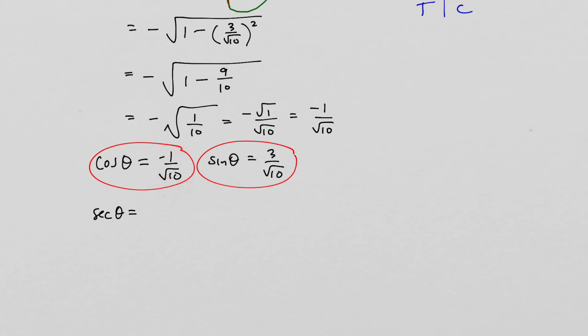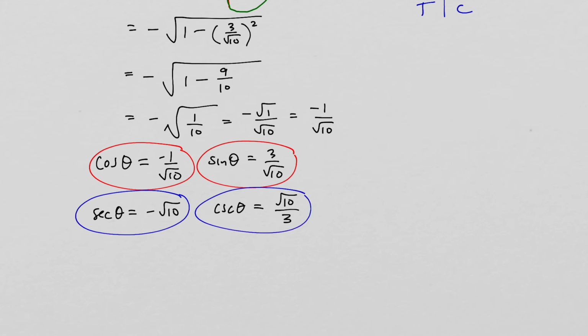Well, the reciprocal of negative 1 over radical 10 is negative radical 10 over 1. And then cosecant is the reciprocal of sine, and the reciprocal of 3 over radical 10 is radical 10 over 3. So we can easily get those two.